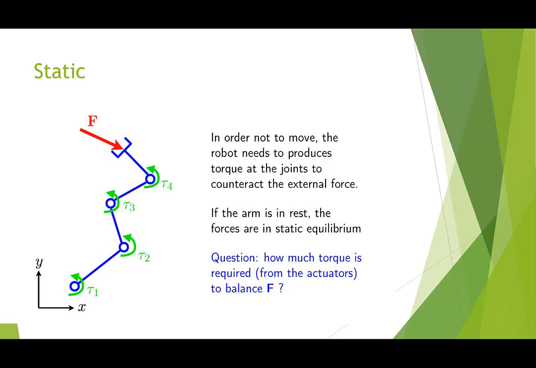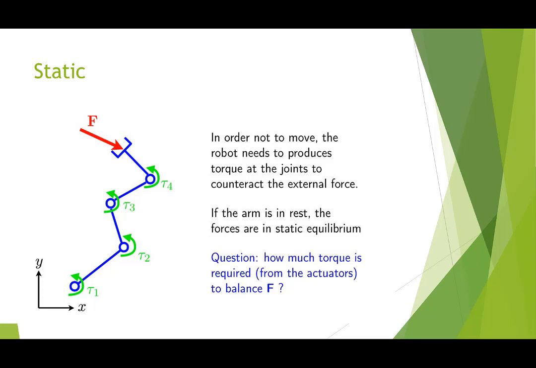A static is when we look at an object that is moving, but at a specific time instant, and we consider that the object is at an equilibrium position, and then we look at it when the time is frozen. We look at the effects of forces or torques applied to the object. So static is sort of a gateway towards dynamic.